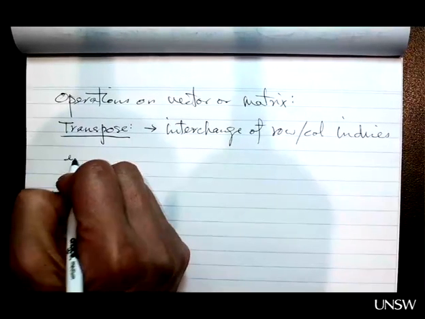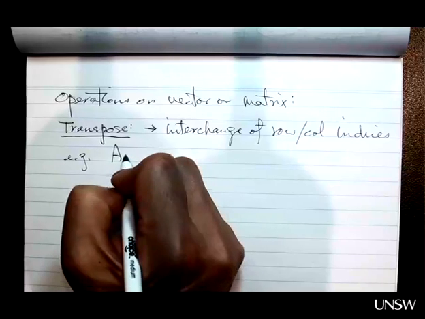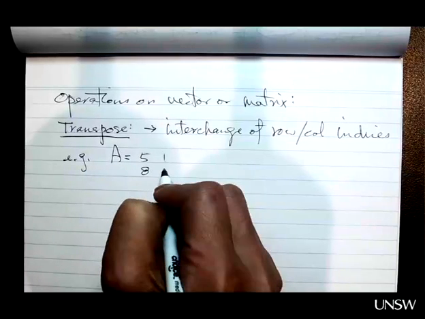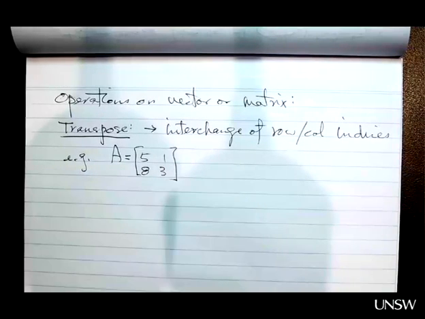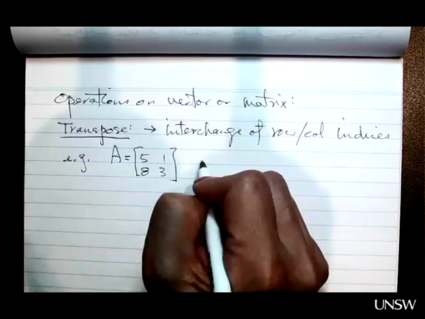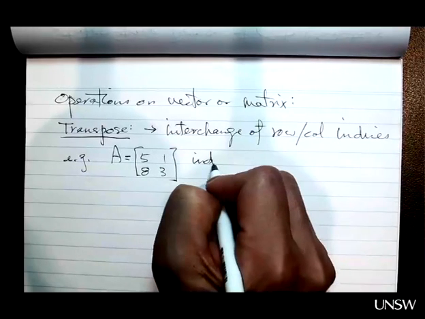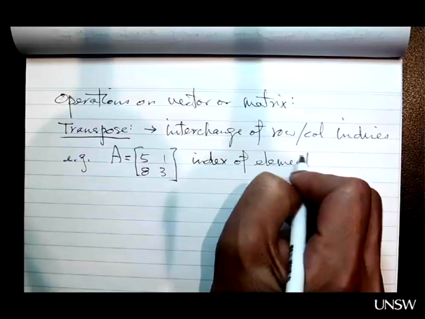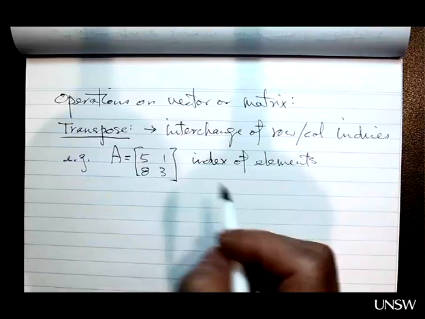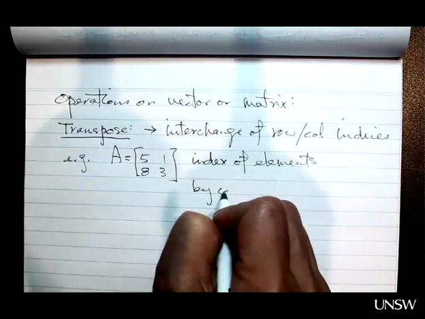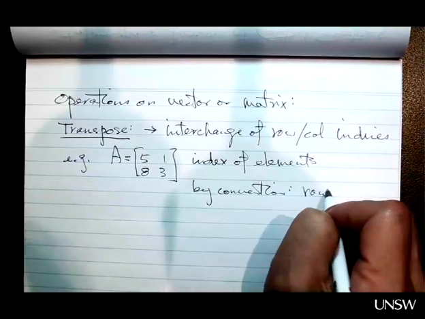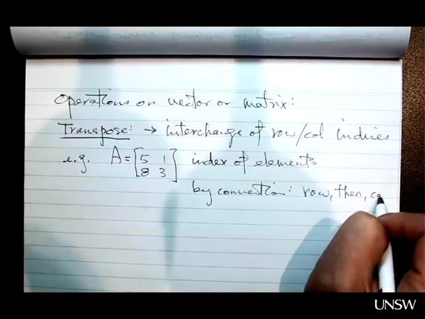So for example, if we have a matrix called A, 5183, if we have this one, so we can index the numbers or index the elements. So by convention, row, then column.